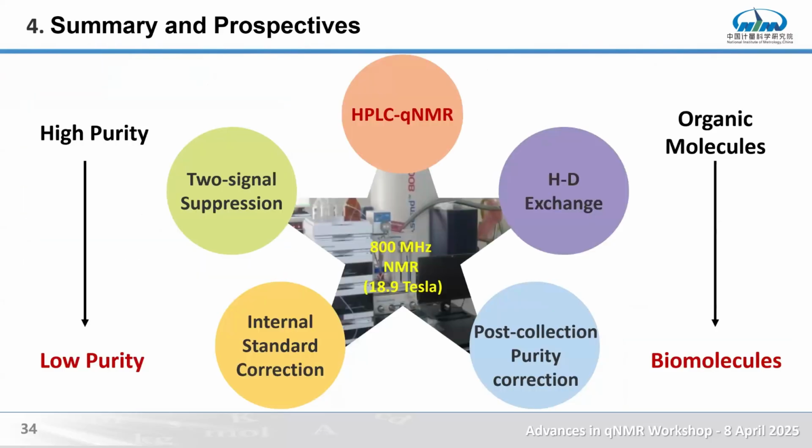The methods I just mentioned, including two-signal suppression, proton exchange qNMR, internal standard correction, and post-collection purity correction, have been proposed to enhance the accuracy and convenience of HPLC-NMR. We think such technologies may facilitate the application of qNMR in quantification of low purity and also micro biomolecules.